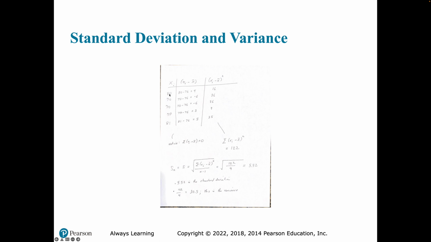So 80 minus the mean is 4. 70 minus the mean is -6, -6, 3, and 5. The Greek letter sigma just means add up this column. When we add these up, what do we get? -2, -8 plus 8 equals 0.